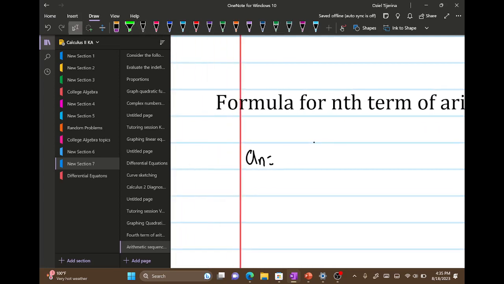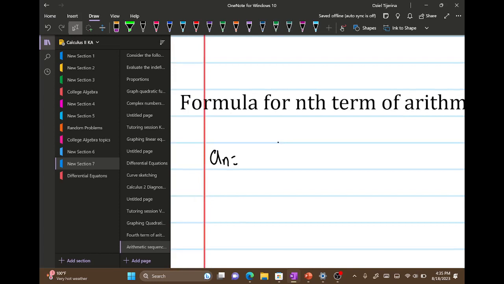Now, this is going to equal the first term, A sub 1, plus D times n minus 1.